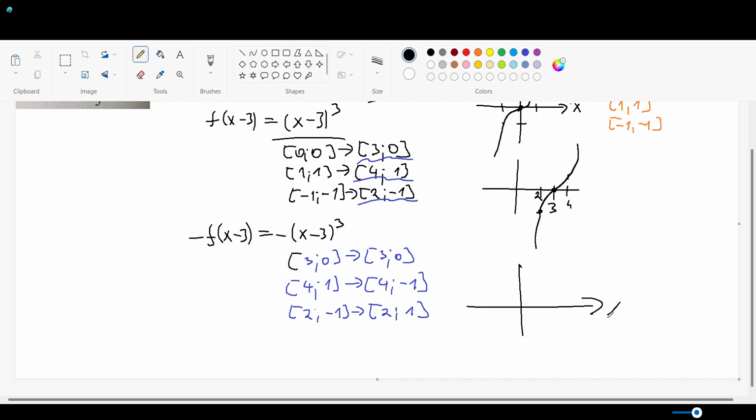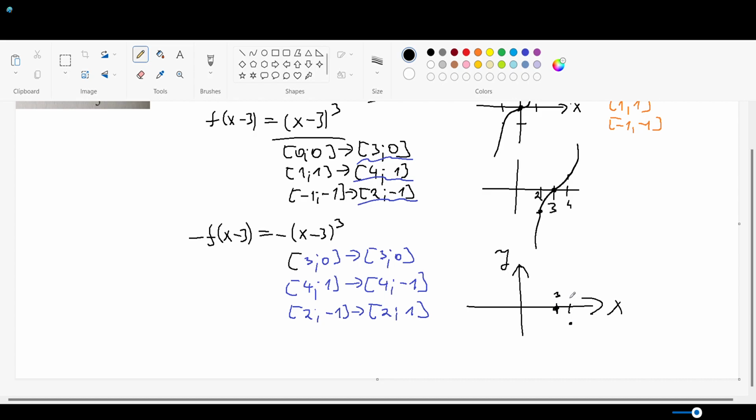Let's draw the chart. Here on our xy axis is number 3, so the point remains the same, and as we already know, this negative sign in front of the f of x means that all the values become the opposite numbers. As we applied this information, this point is suddenly not positive 1 but will become negative 1. So here is our point.